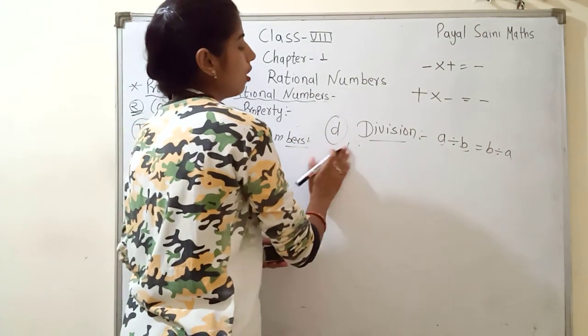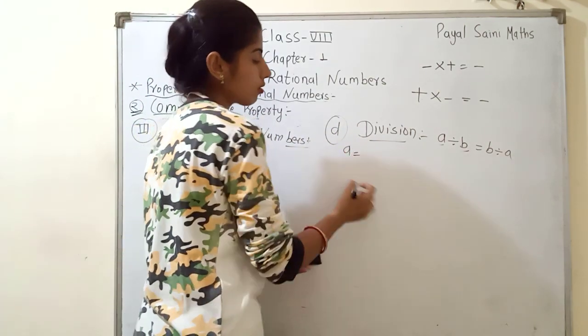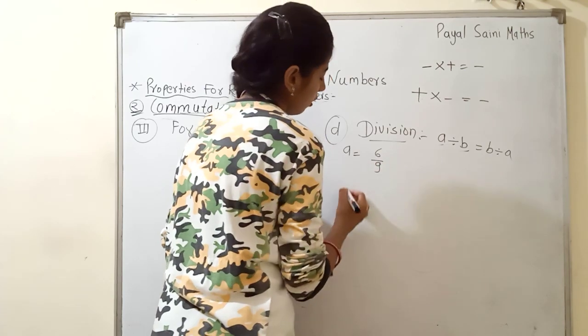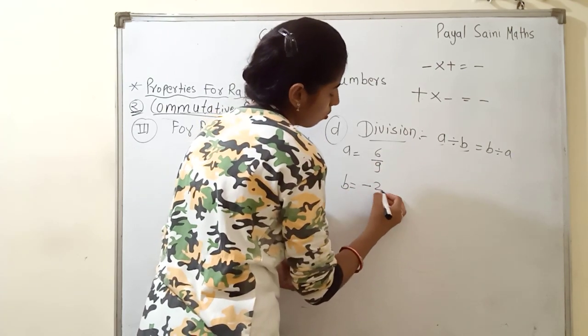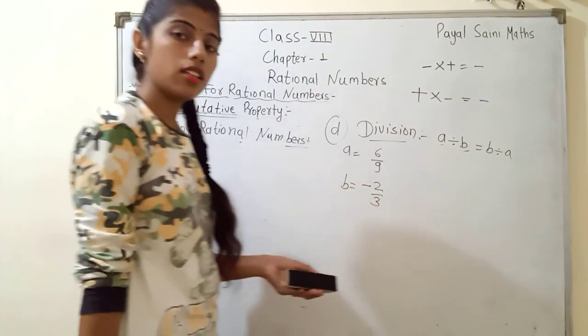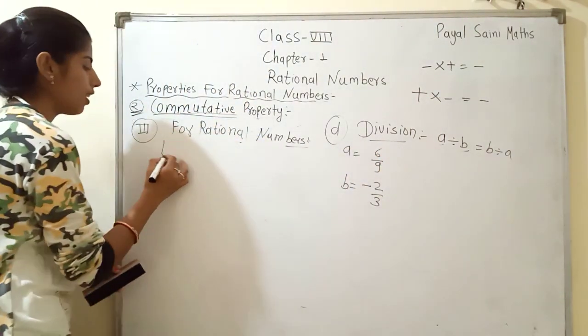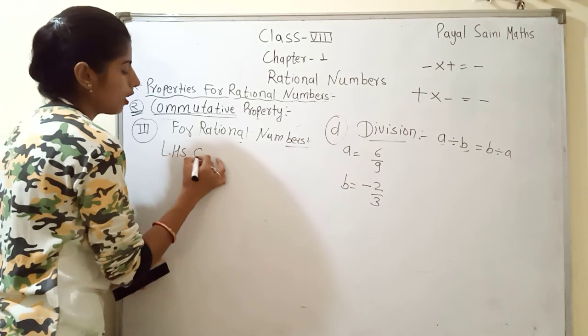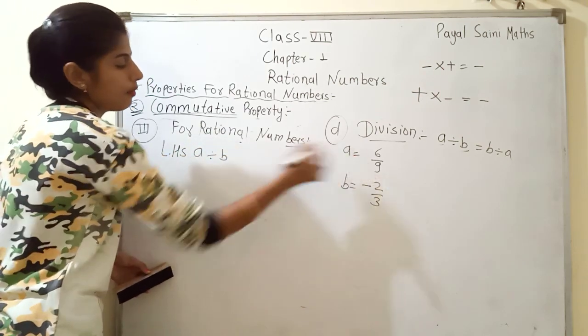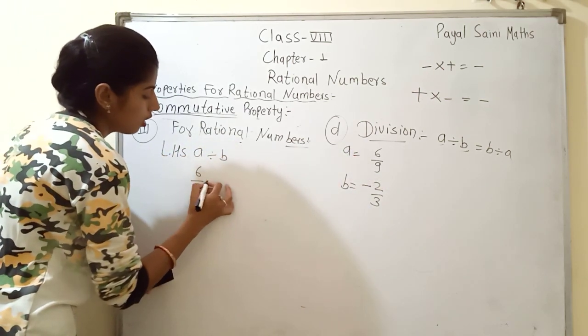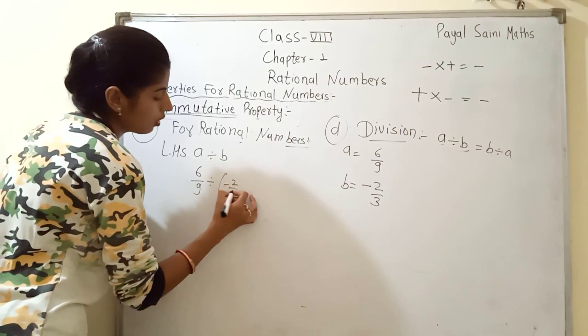Now A value I write here 6 by 9, B value is minus 2 by 3. Now we check the left hand side. Left hand side is A divided by B. A value is 6 by 9 divided by minus 2 by 3.